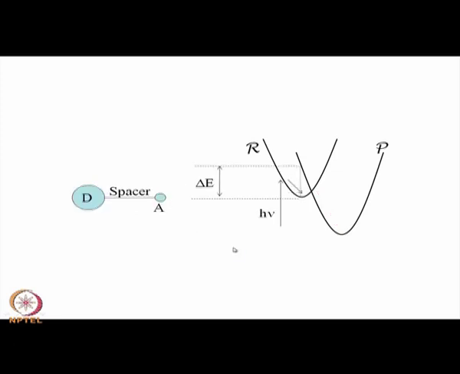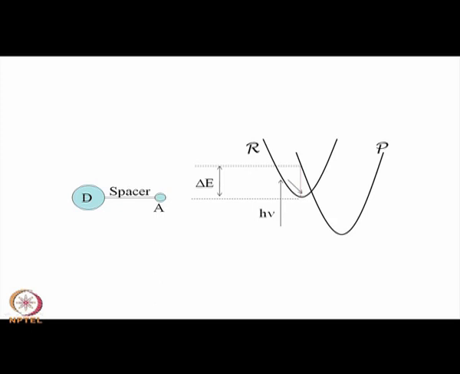Initially, the probability of finding the electron is more localized on the reactant surface than the product surface.